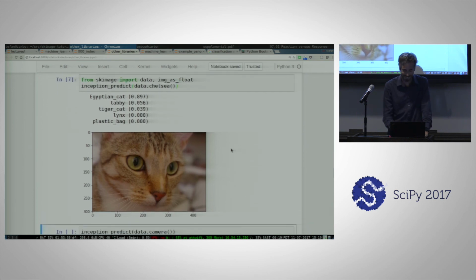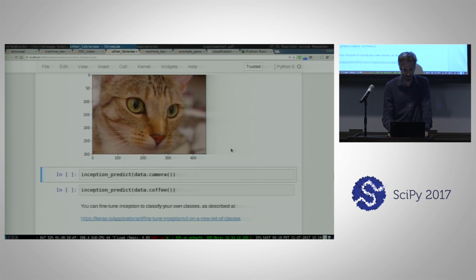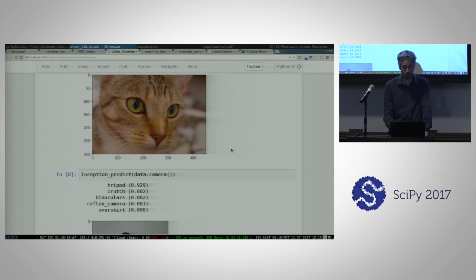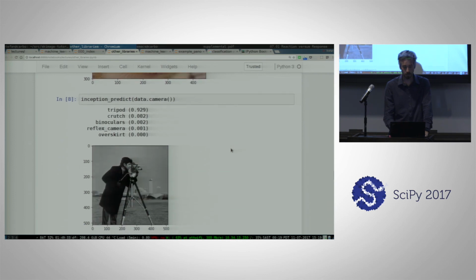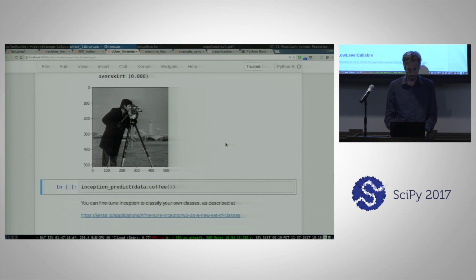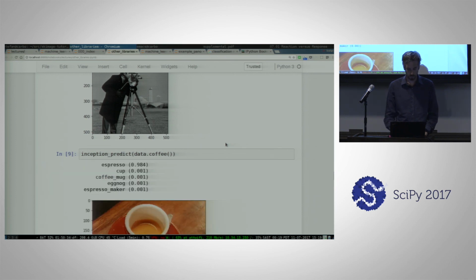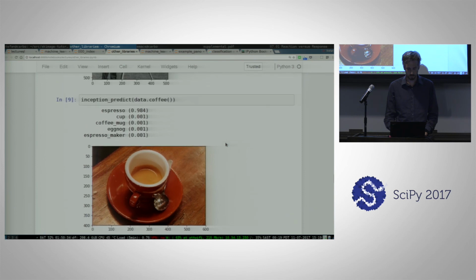Not a plastic bag. No. Let's try the cameraman. I don't think it was trained on humans, but it recognized the tripod. And let's try an image of an espresso. Boom. So that's kind of fun.